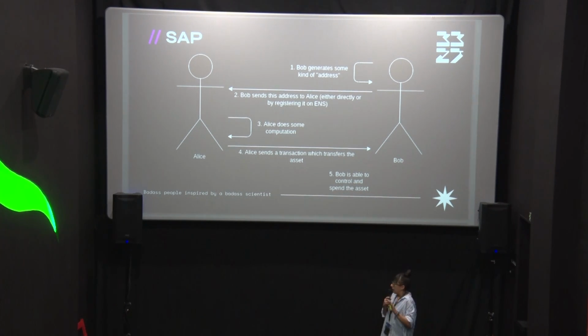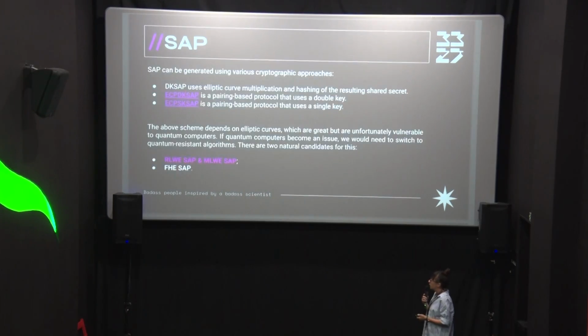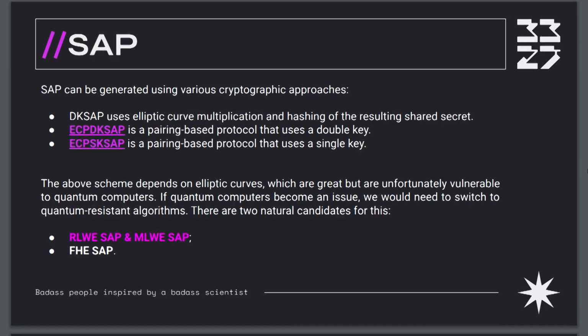So, when Bob adds the stealth meta address to this registry, everyone can send money to Bob's new address. Every time, Bob will generate a new stealth address, okay? And we can achieve this using different cryptographic methods. The most known is the dual key stealth address protocol, which includes the Diffie-Hellman approach.